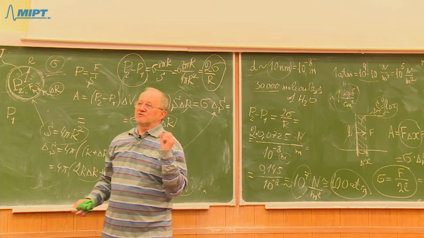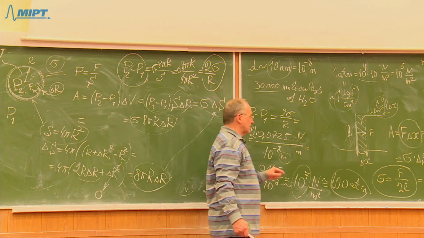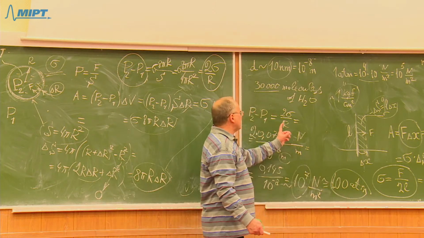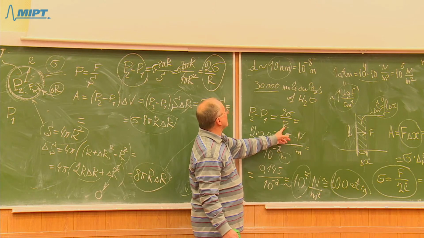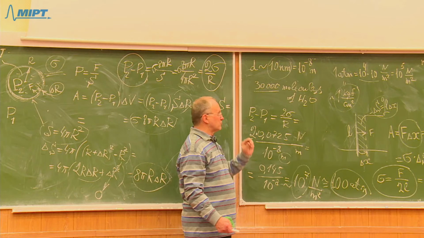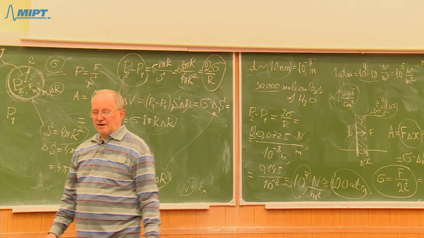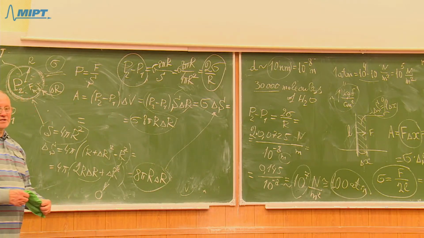So if I take a droplet of water about 1 micron in diameter, the additional pressure inside will be about 1 atmosphere. But if I decrease the radius by 100 times down to 10 nanometers, then the additional pressure inside the droplet will be about 100 atmospheres. That's the result of surface tension.